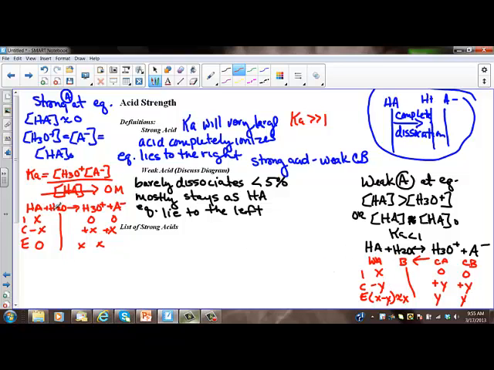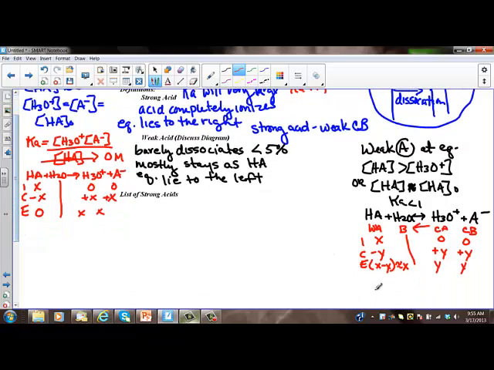I forgot to write x minus y there, sorry. Y right here is much less than x. That's why at equilibrium, x minus y is approximately x.